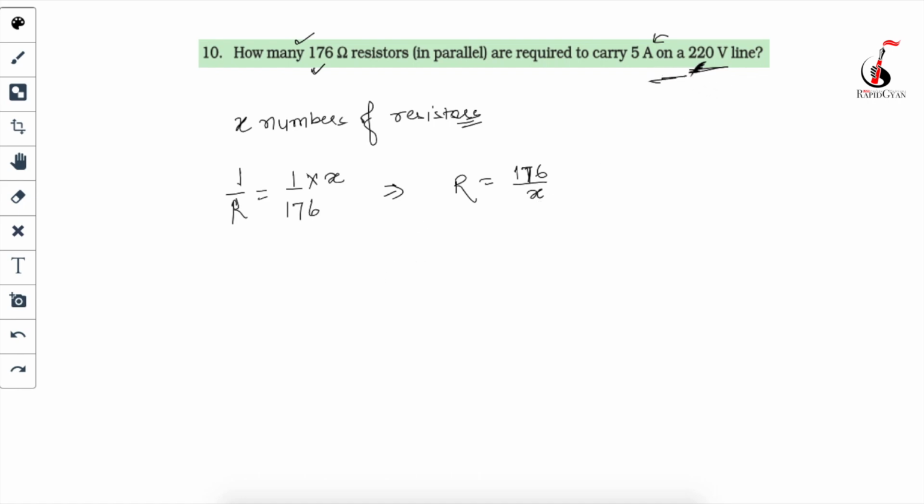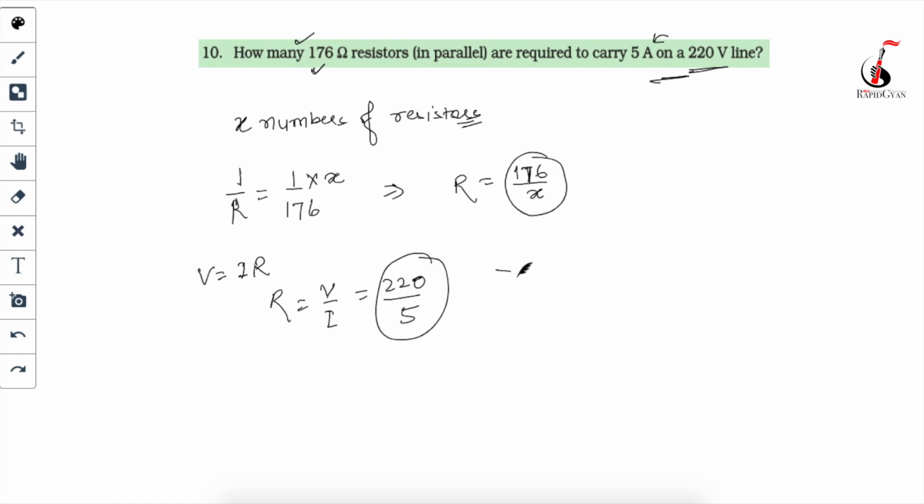But now come here. We know that V is equal to I into R, so the value of R is equal to V upon I, which is 220 upon 5. Now both should be the same: 176 upon X should be equal to 220 upon 5. Then only you will get your answer.